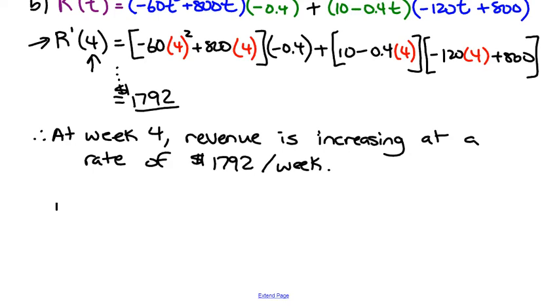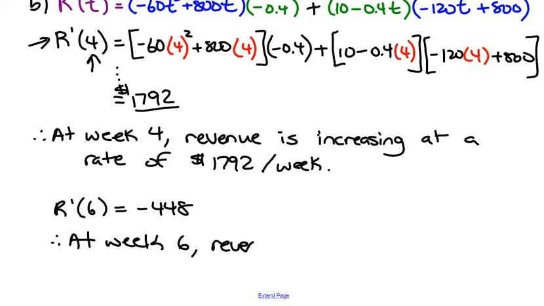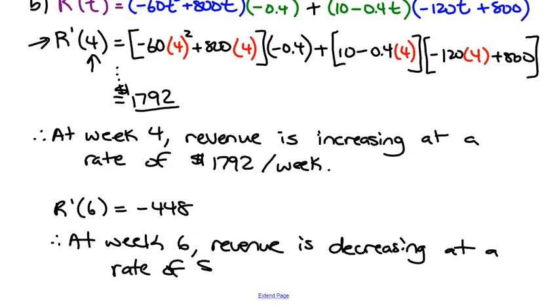Now, if you were going to look at 6 weeks, R prime at 6 ends up being negative 448. So if I were to write a therefore for that, I would say at week 6, the revenue is decreasing at a rate of positive 448, because negative 448 doesn't make sense as a rate for dollars.